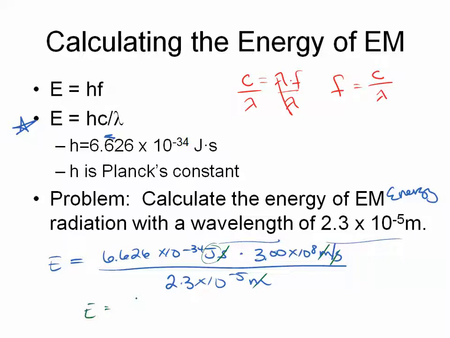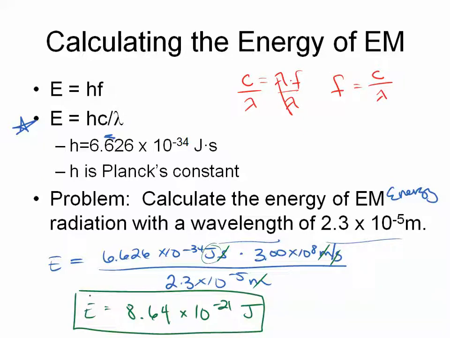But if you plug this all into your calculator, you should end up with 8.64 times 10 to the negative 21 joules. And that would be the energy associated with that photon that has a wavelength of 2.3 times 10 to the negative 5 meters.